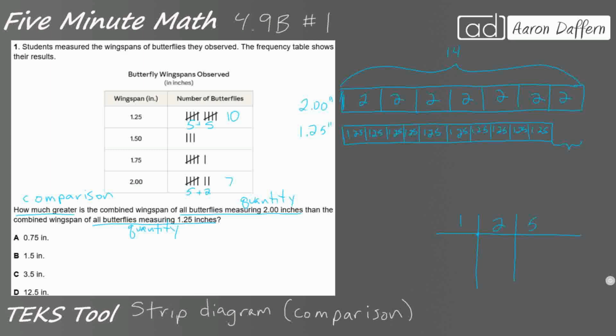So what happens when you multiply by 10, since this is a base 10 place value system that we use, everything gets shifted over one spot. So this is my ones, my tenths, and my hundredths. Everything gets shifted over. So the 1 becomes 10, the 2 becomes 2 ones, the 5 becomes 5 tenths.